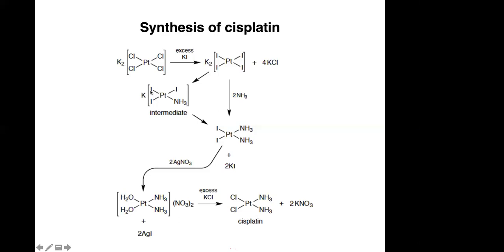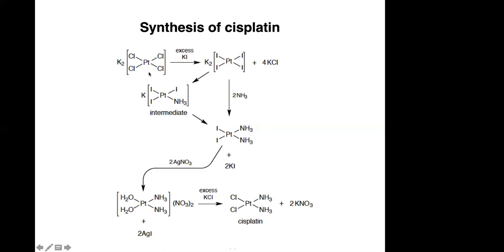And trans would be substituting opposing the first ammonia. And ammonia is not as good a translabilizing ligand as iodide. And so this cis position actually substitutes much more quickly. And that leads to primarily this cis diiodide complex, which you can isolate in pure form.